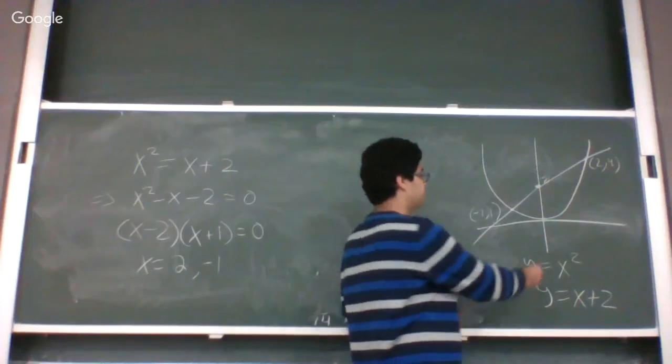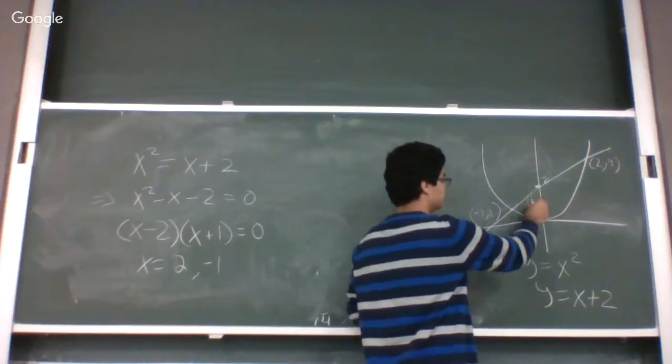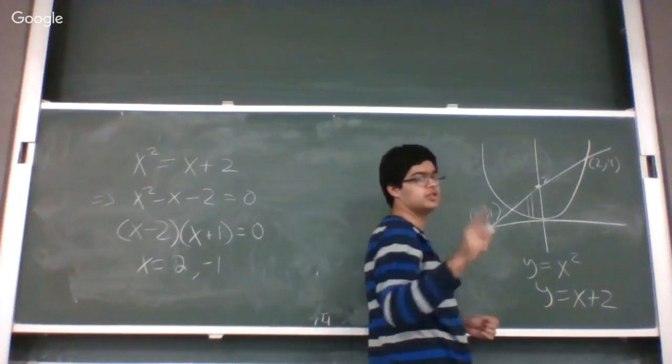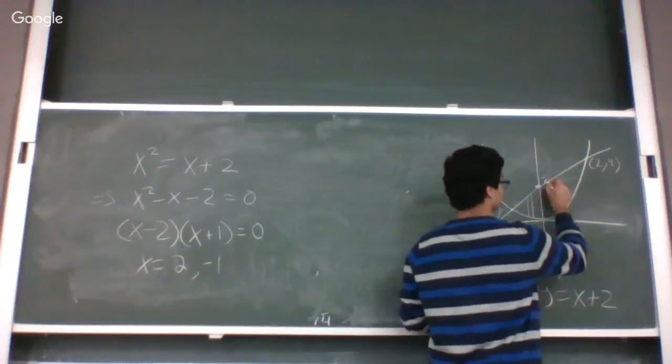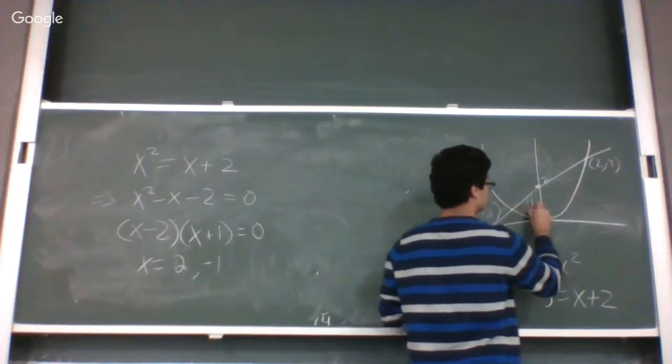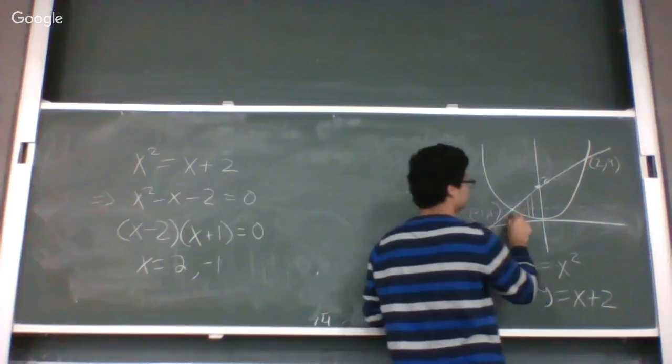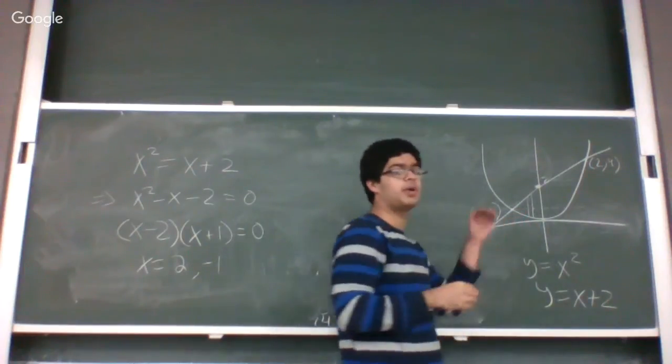Vertical. Because if you were to use horizontal strips, you do horizontal until you reach this point, and then your functions would change.